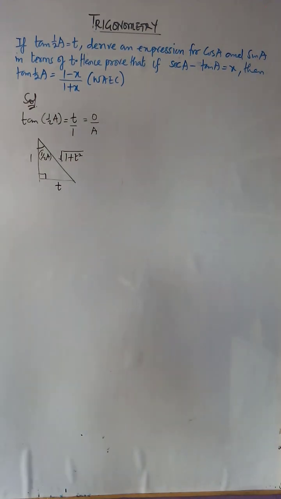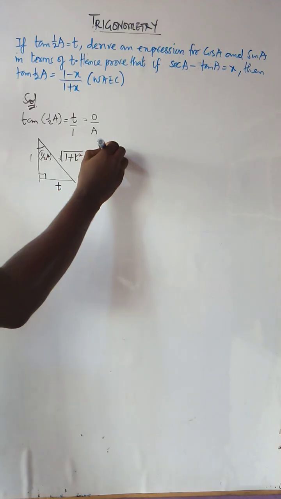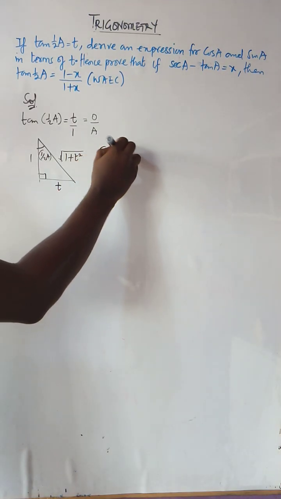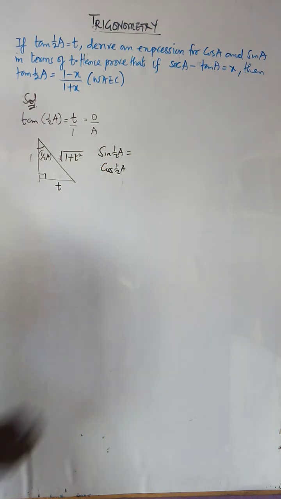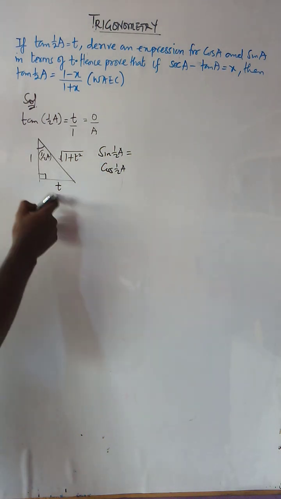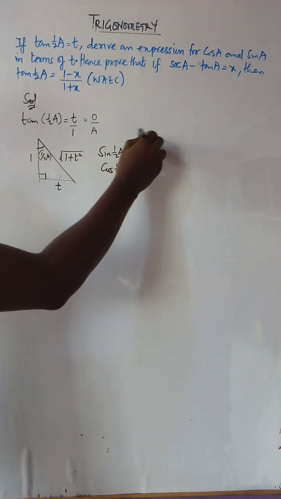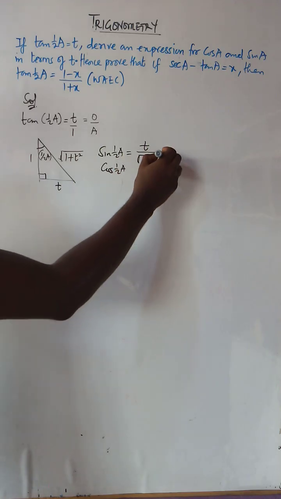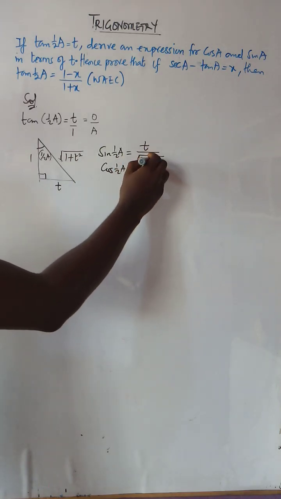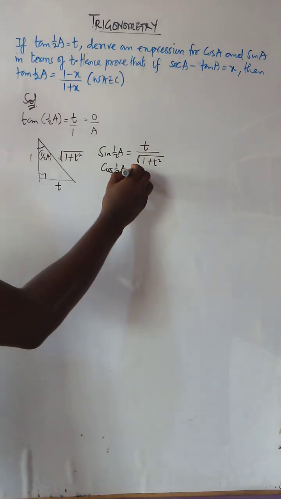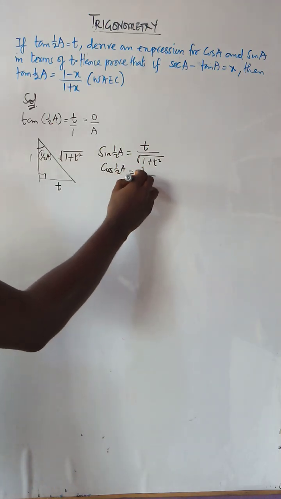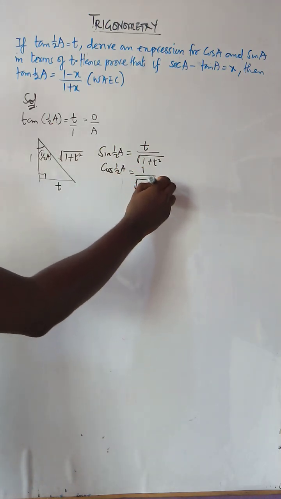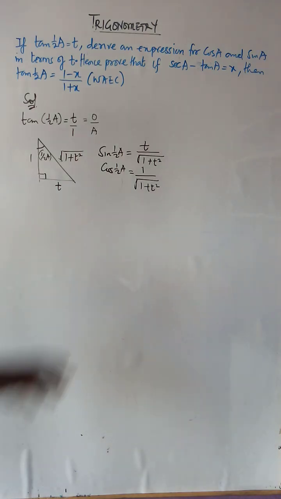From this triangle, we can actually get sine half of A and also cos half of A. What is sine? Opposite over hypotenuse, that's t over root 1 plus t squared. What is cos? Adjacent over hypotenuse, that's 1 over root 1 plus t squared. So that's sine half of A and cos half of A in terms of t.